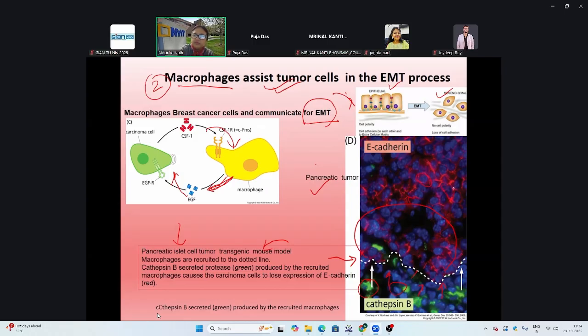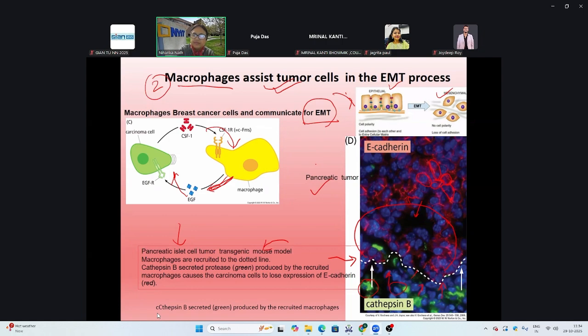It helps to hold cells together. These are all E-cadherin, and so here these cancer cells are held together, but look at this area, there is no E-cadherin. They're all blue. This red is just not there. Everything is blue. Why is it blue? There's no E-cadherin.